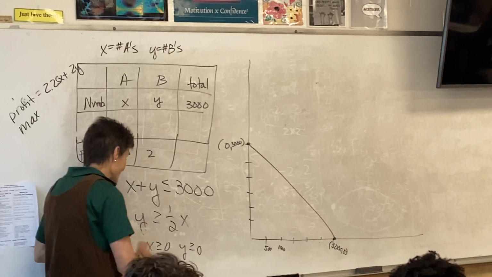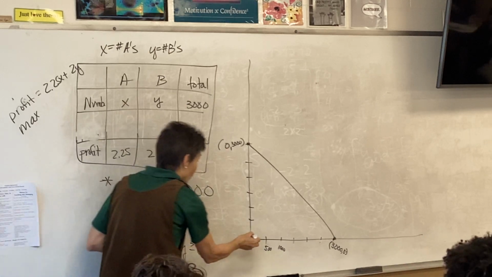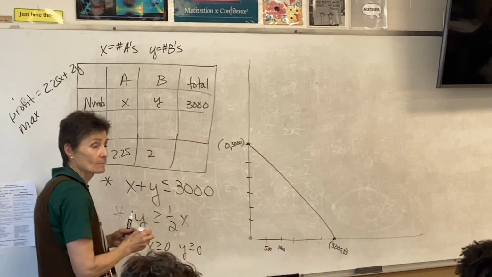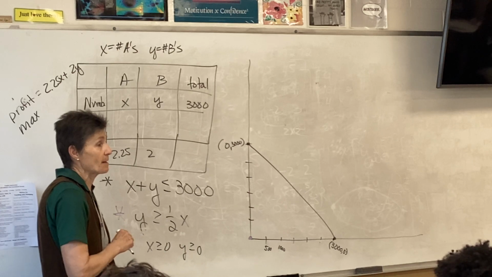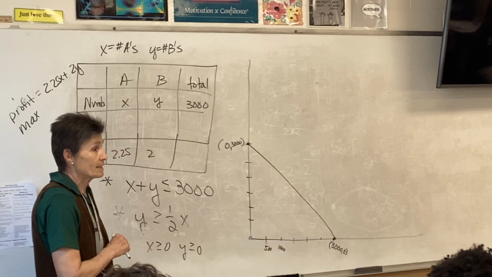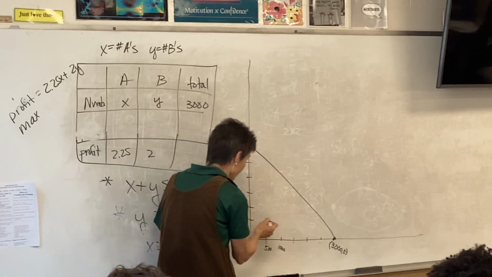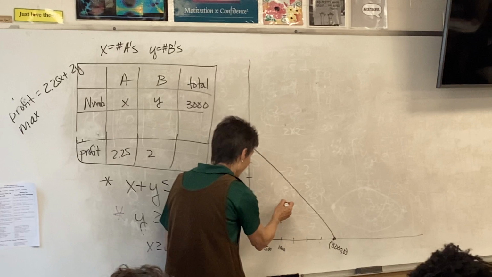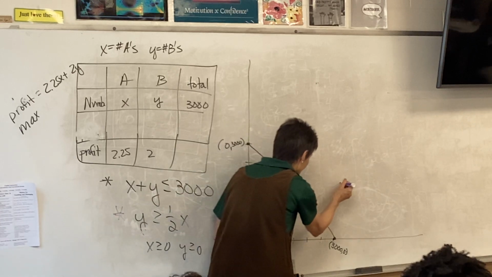That line, I'll do it in purple, is coming out of the origin, isn't it? So what do I know about that line? I can't do it with intercepts, I'm going to have to do it with slope. It's up 1 over 2. It doesn't matter what my scale is, I'm going up 1 block and over 2, up 1 block and over 2, and this is that line.